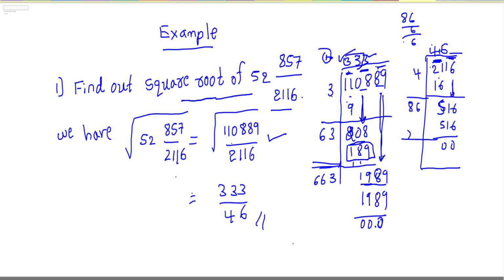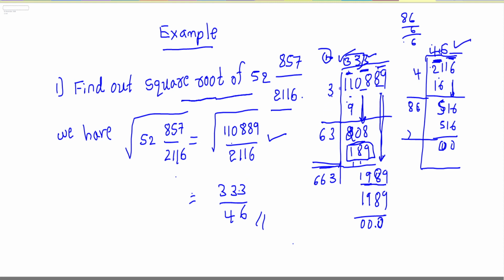Then double the quotient, 4 into 2, that is 8. You annex a number to this divisor, which is also the next digit of the quotient, in such a way that the product is less than or equal to the dividend. Therefore you get 86 into 6, 516, therefore the square root is 46.